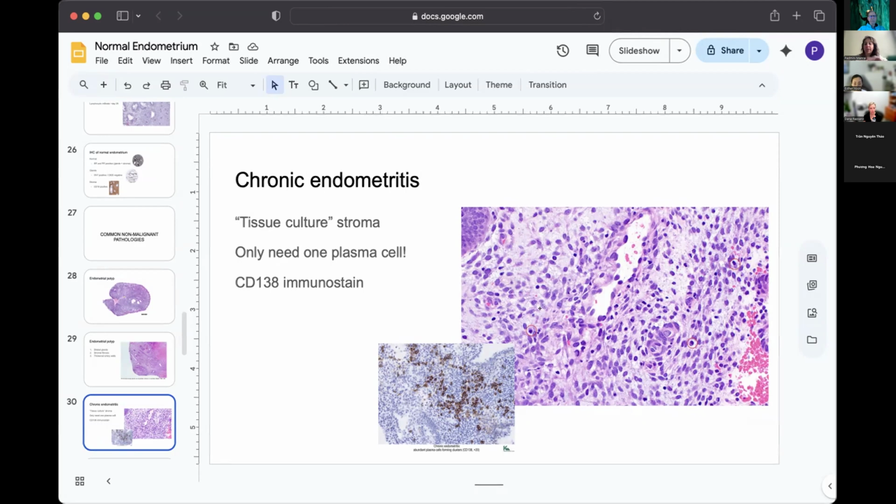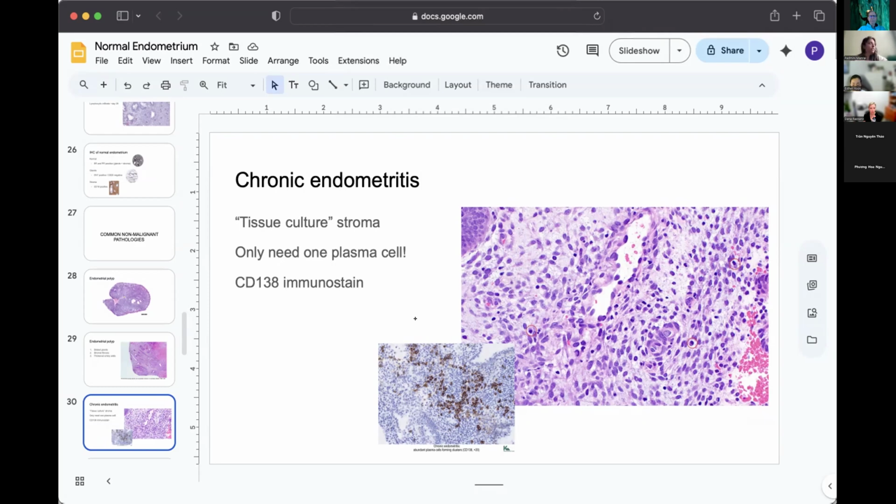So what we look for in chronic endometritis, the definition, is if you see a plasma cell in the endometrium, you only need 1. You can use CD138 as an immunostain to detect these plasma cells, but typically it's not needed. I don't kill myself.